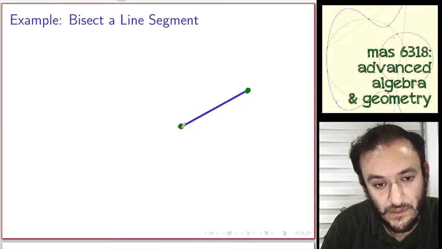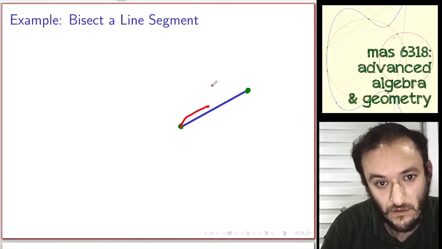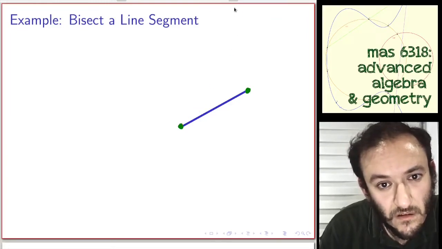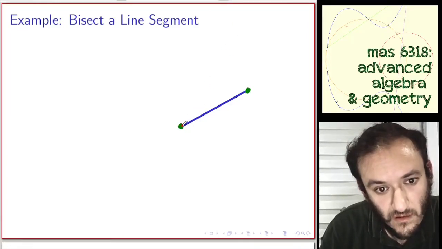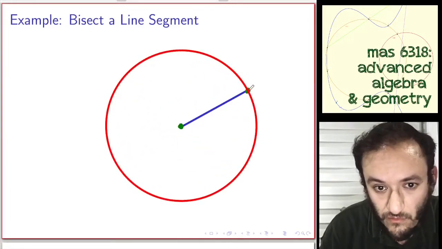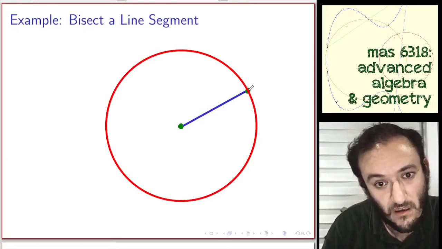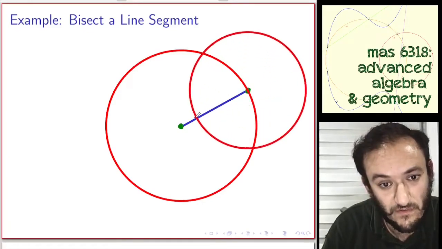Okay, so there's a neat trick for this. The idea is to draw a circle with center at one and passing through the other, and then vice versa.